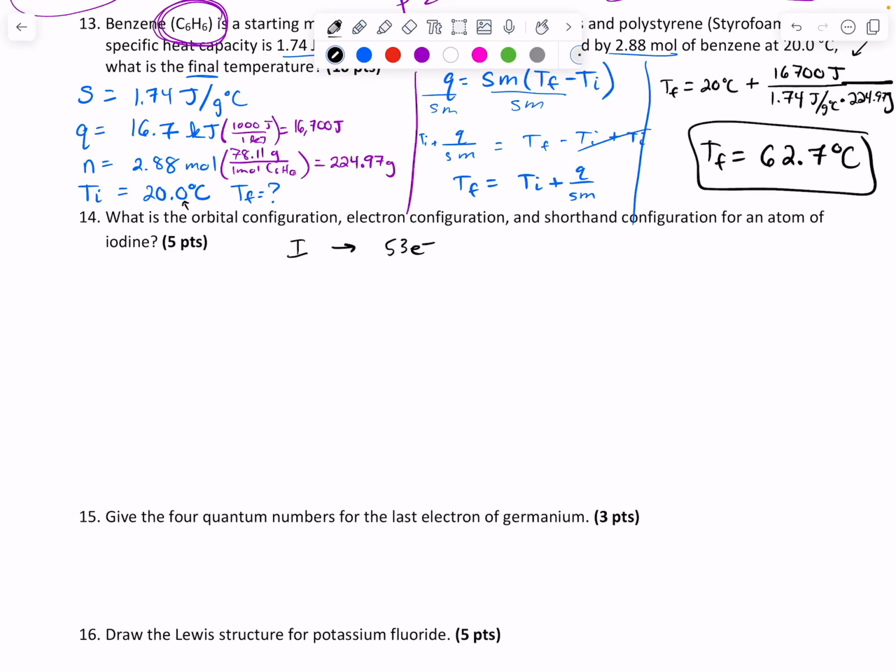Iodine, if I look at my periodic table, is in the 5th row. It is in the P group. So I need to end with 5P. So 5P is my last one.